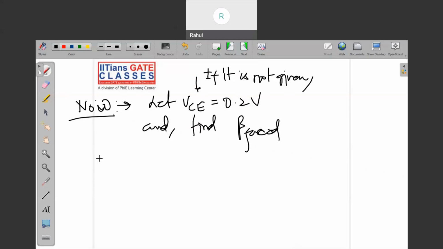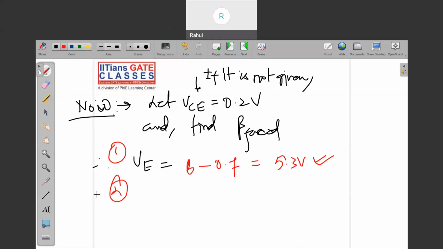Now what will happen here is that your VE will be the same. Start from the first step again. VE will be 6 minus 0.7, so this will be equal to 5.3 volt. That is okay. The second step: VC. We already considered 0.2 volt, at least 0.2.